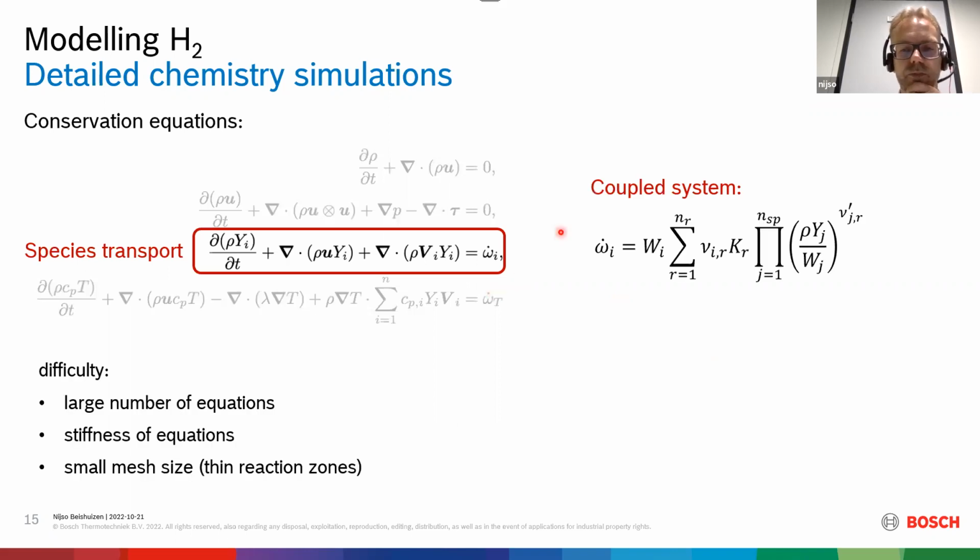And in this source term, W_i are the molecular weights and nu_i are the stoichiometric coefficients in the reaction equation. k is the reaction rate given by the Arrhenius law. And this detailed chemistry formulation leads to a very large number of equations, but also to very stiff equations. So the source terms are very large. The species equations are coupled through the source terms.